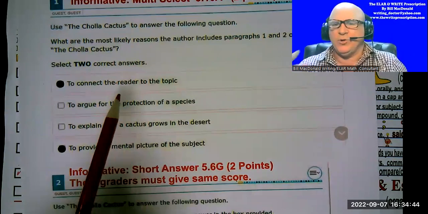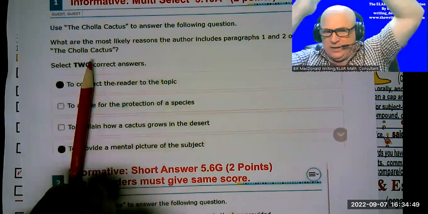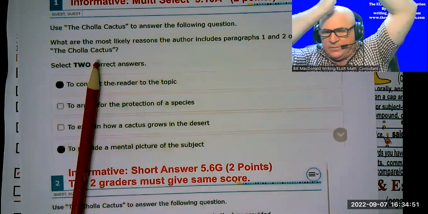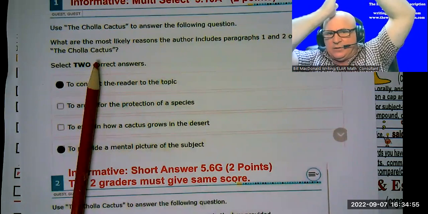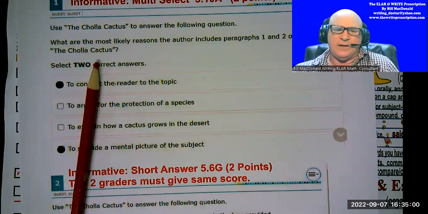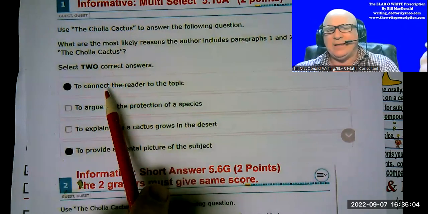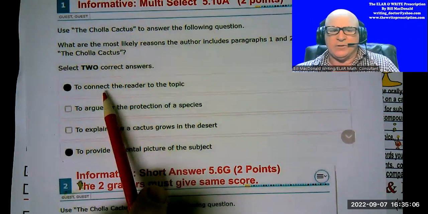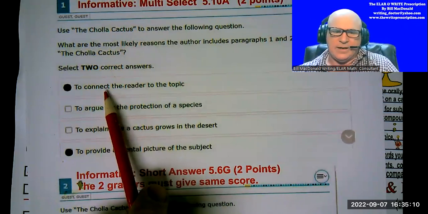In other words, you have an idea and you have a topic, and so above that idea called a passage is a title. And so what authors will often do in the first paragraph is to get the attention of the reader.